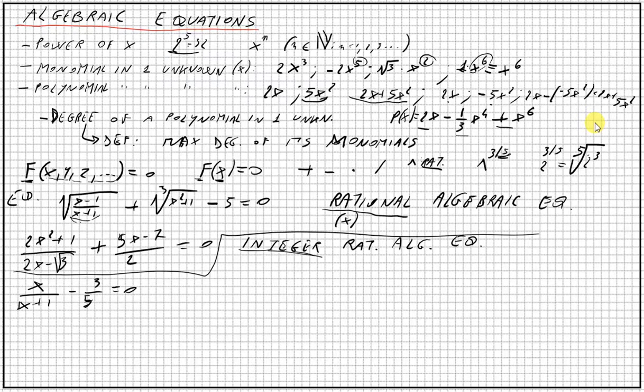However, if I don't have x here, instead of x plus 1, let's say I have 3, all at once this becomes an integer rational algebraic equation. So in other words, x is only in the numerator of fractions, if any fractions are there. It's not in the denominator. x is never inside the root if roots are there.